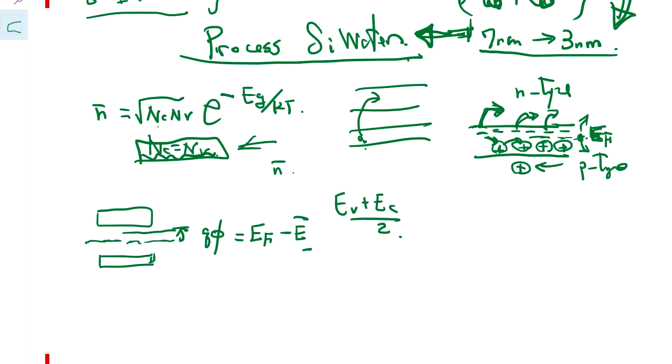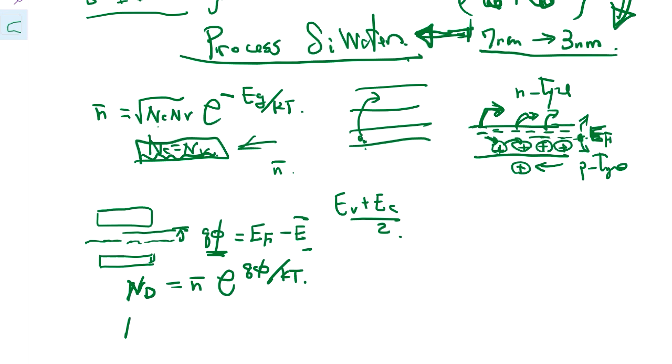So this much change, then when it's a donor, meaning donor of electrons, it provides the electrons, we say ND. With this much impurity introduced, how much the Fermi level changes is N average e to the Q phi over KT.